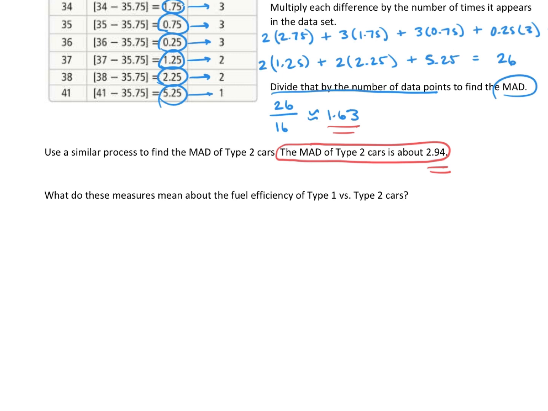So remember, we said he should buy a type 2 car because from the dot plot, it looked like the type 2 cars had the higher highway fuel efficiency, and that's what was important to Sawyer. But upon closer look, here's what we noticed.